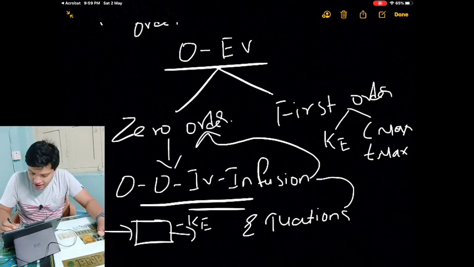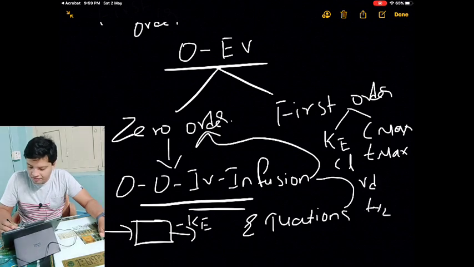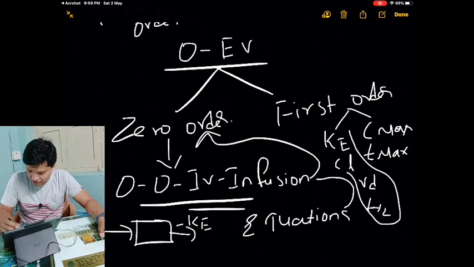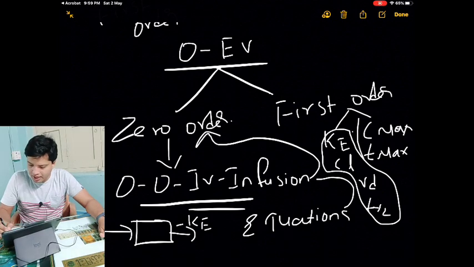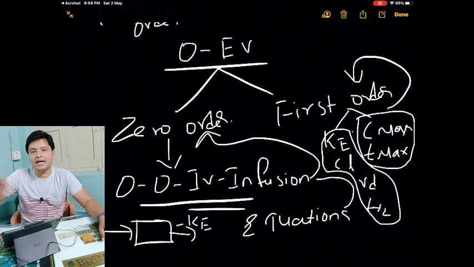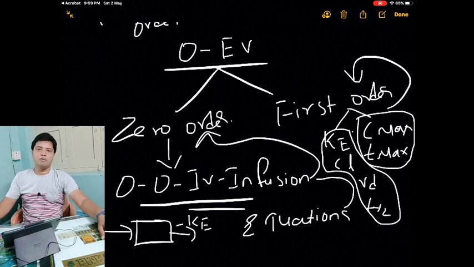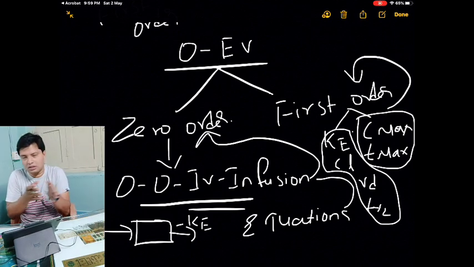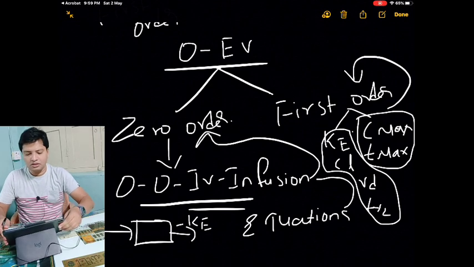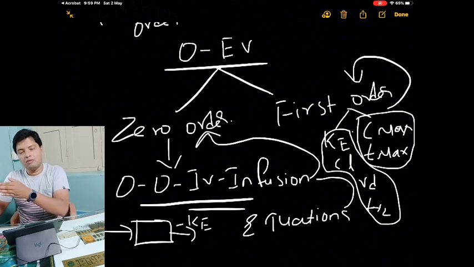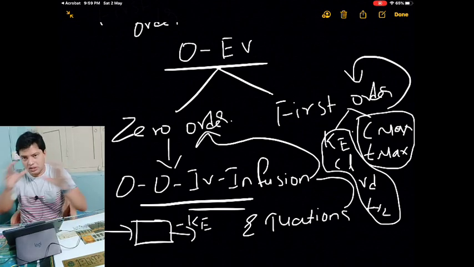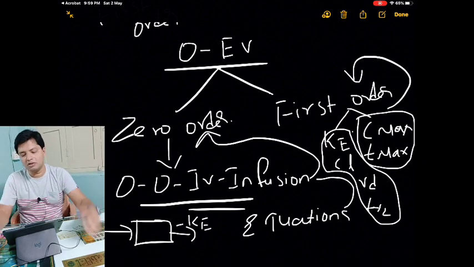Along with clearance, volume of distribution and half-life, you need to determine Cmax and Tmax for first order. This is the extra added pharmacokinetic parameter. That's how this topic goes. So we directly jump to what is going to happen in the first order.